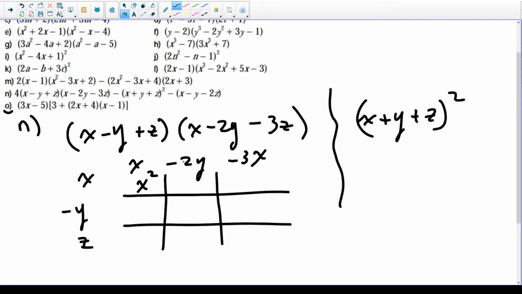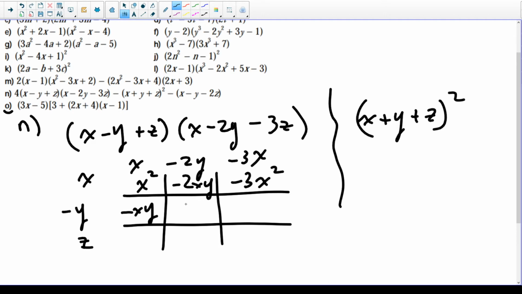But please watch me because I did make a few little mistakes. Okay, it's easy to get carried away with how fast I want to go through this, so just watch me very closely. So x times x is x squared. x times negative 2y is negative 2xy. x times negative 3x is negative 3x squared. Negative y times x is negative xy.